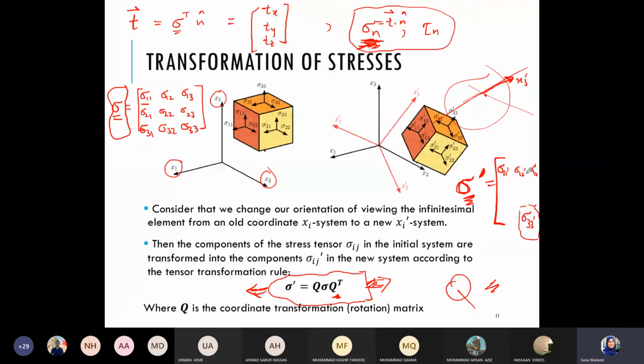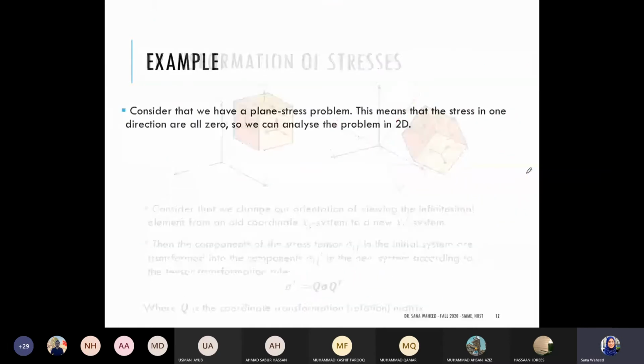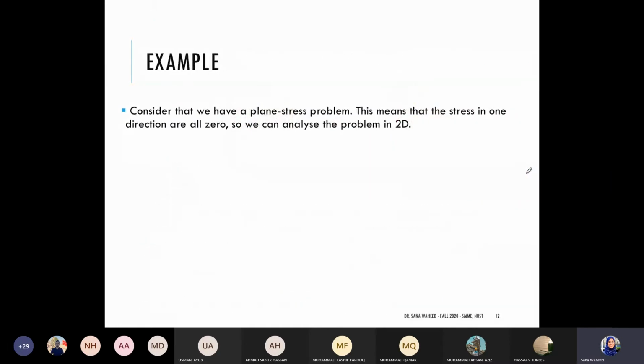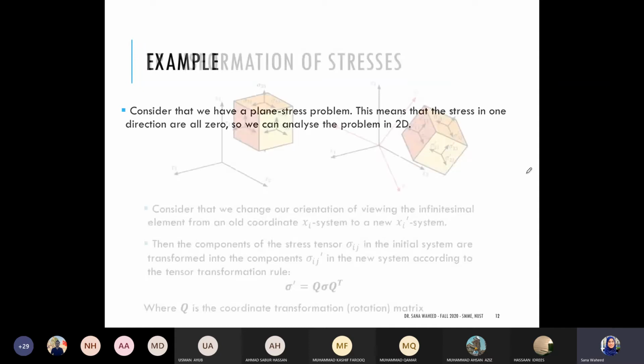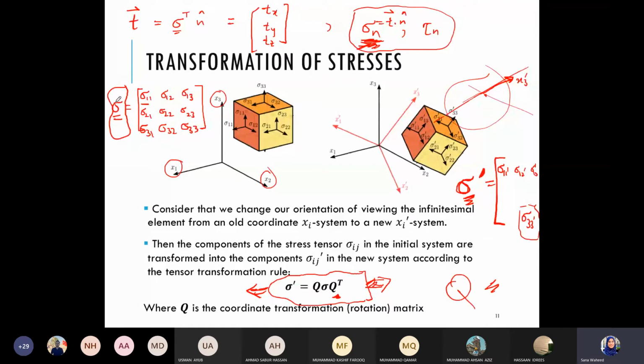Okay. Right, so in the same example, let me continue to consider a particular problem which we can view in 2D. That means consider a problem in which my original stress tensor has no third component at all. That is, in the x3 direction there are no stresses.